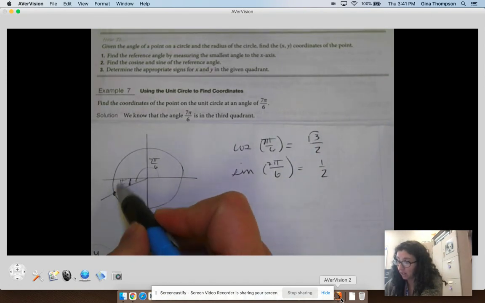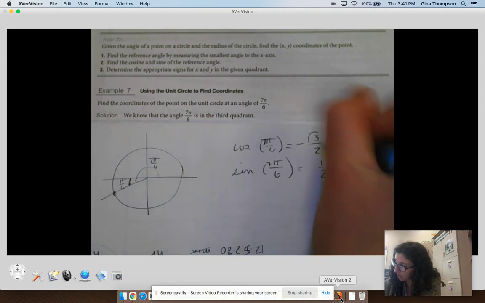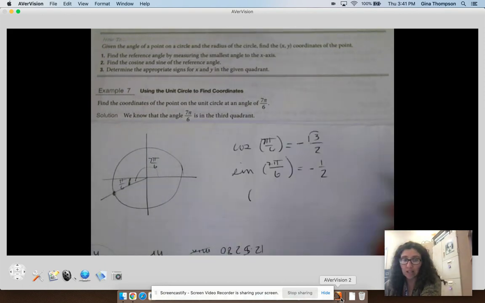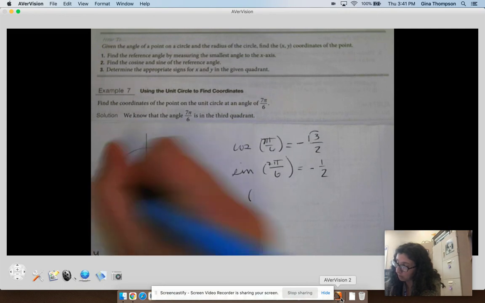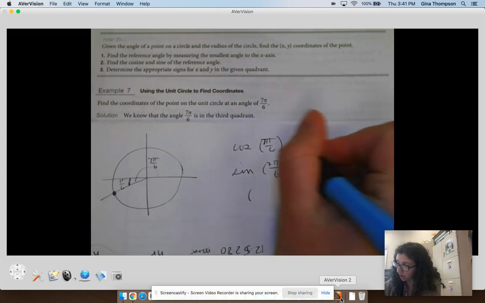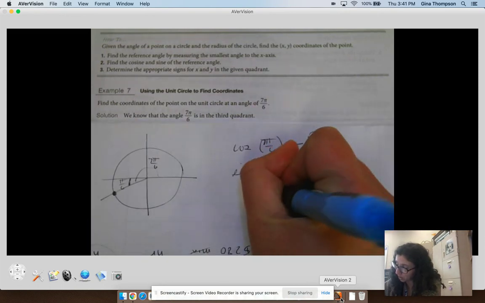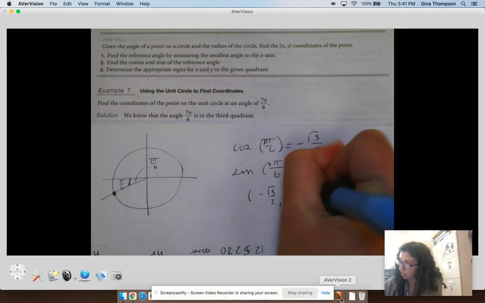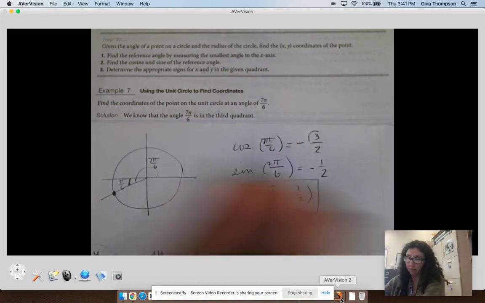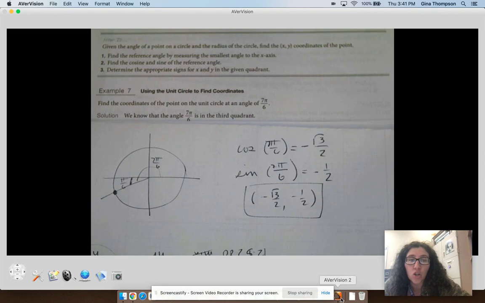X is negative, y is negative. So we could say the actual coordinates of that point are negative square root of 3 over 2, negative 1/2, and that would be our answer. So that's how you use reference angles to find exact values of sine and cosine for different angles. All right, using reference angles.